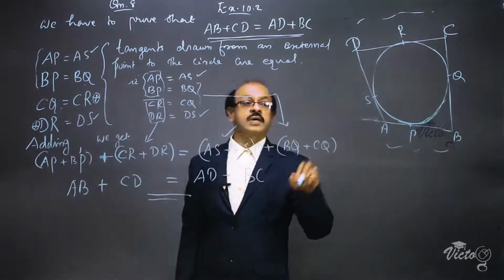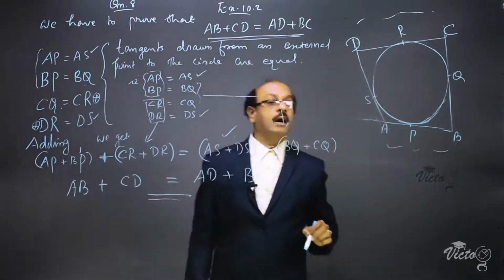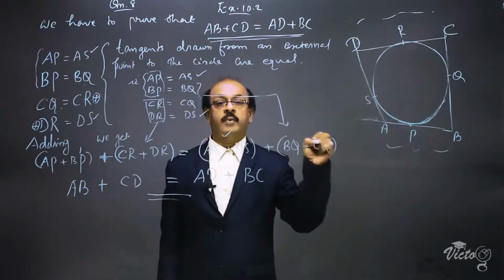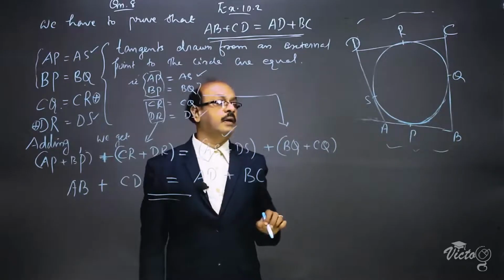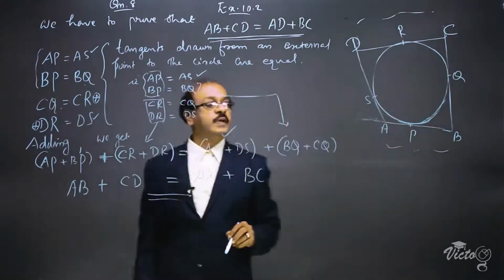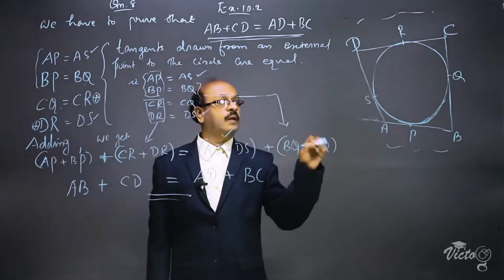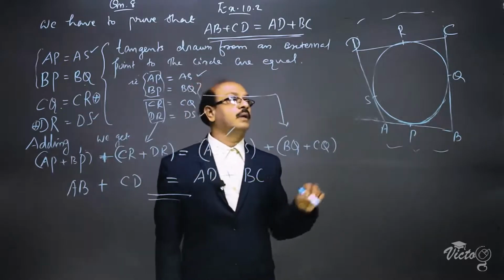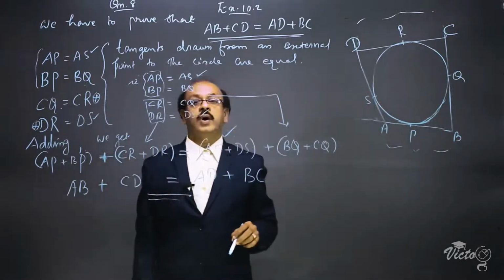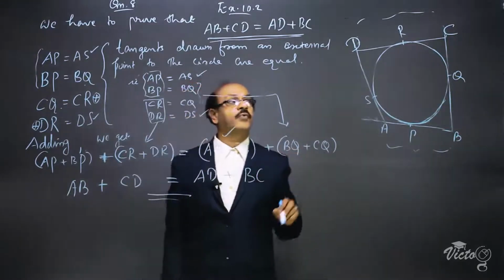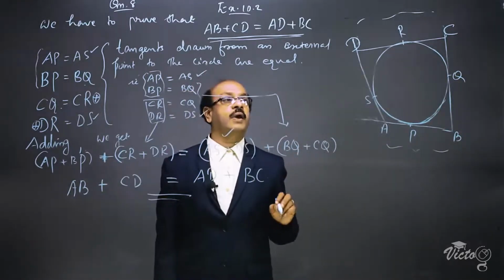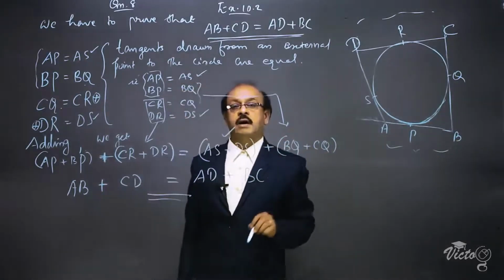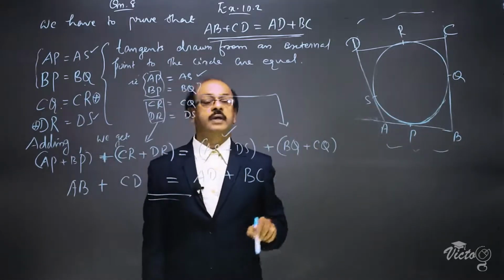The procedure here we are using is AP and AS are of equal length because they are two tangents drawn from an external point A to the circle, and BP is equal to BQ. The reason is BP and BQ are two tangents drawn from the external point B to the circle. Similarly, CQ is equal to CR, two tangents from the external point C. And finally, DS is equal to DR, two tangents drawn from the external point D to the circle.